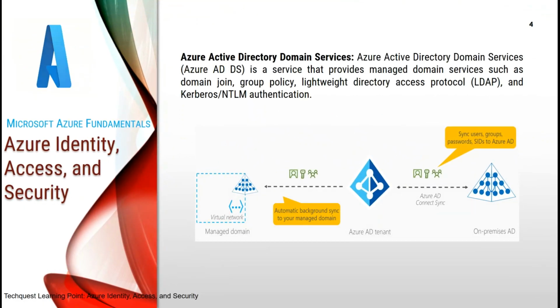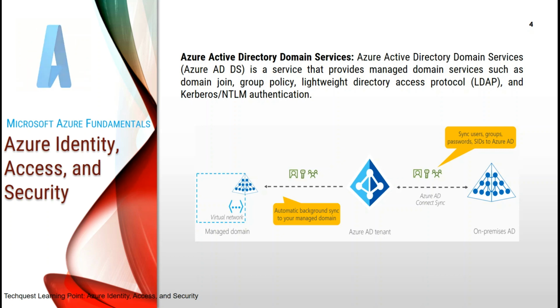Azure Active Directory Domain Services. Azure AD DS is a service that provides managed domain services such as domain join, group policy, Lightweight Directory Access Protocol (LDAP), and Kerberos/NTLM authentication.